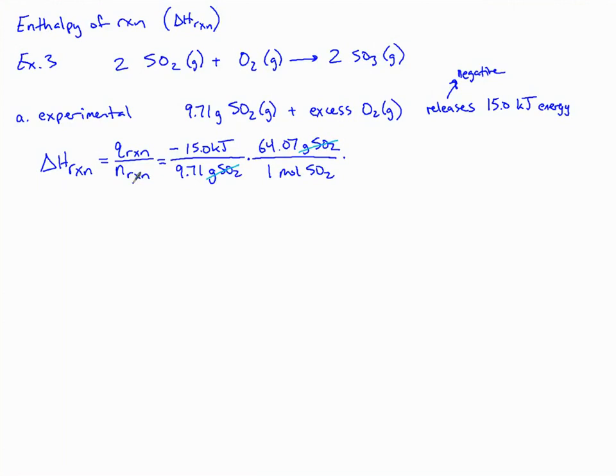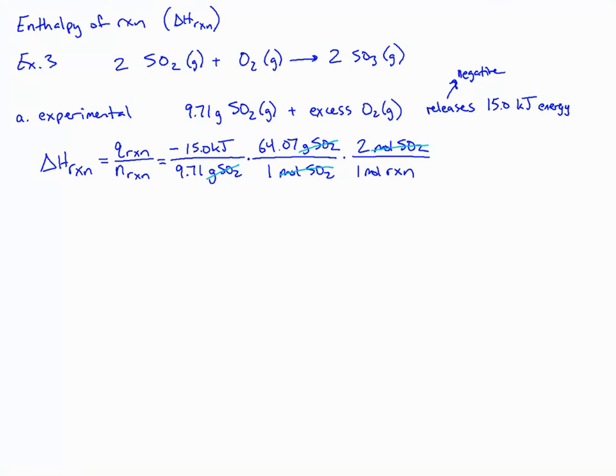And here's the difference. Look at this reaction. If one of these reactions happen, we have to use 2 moles of SO2. And so that's a frequently missed piece of this puzzle where our delta H was off because we forgot to use the mole ratio.